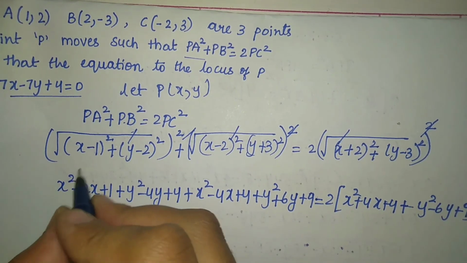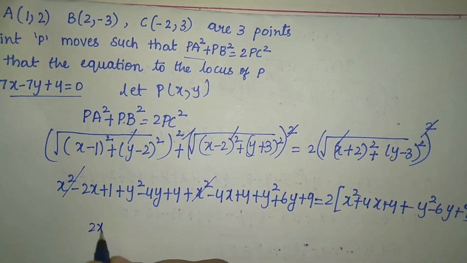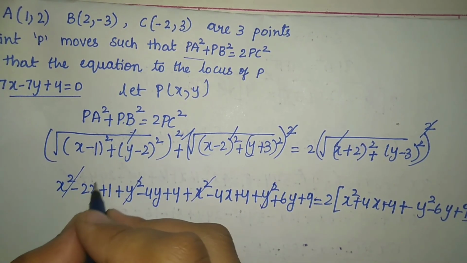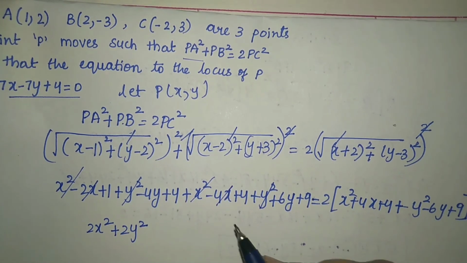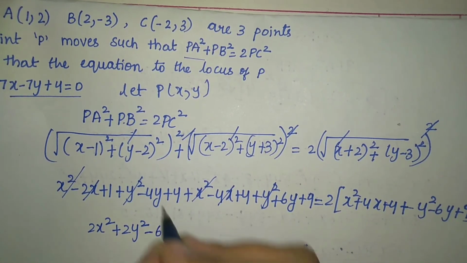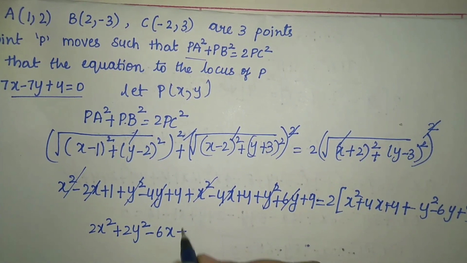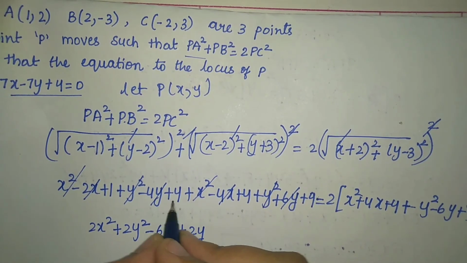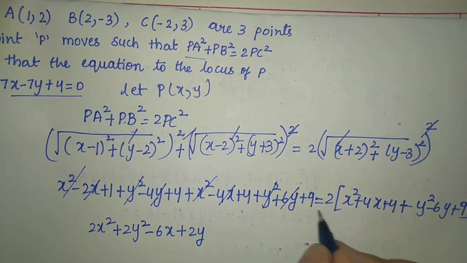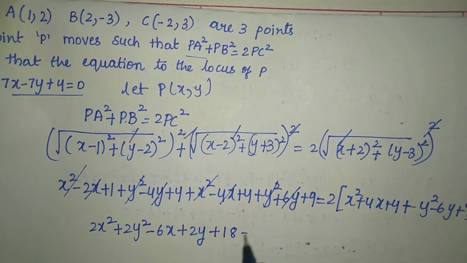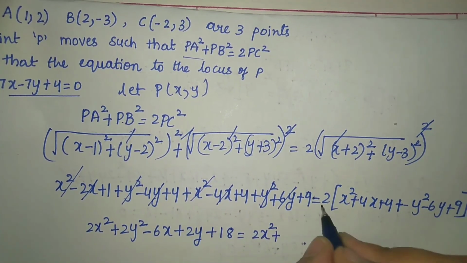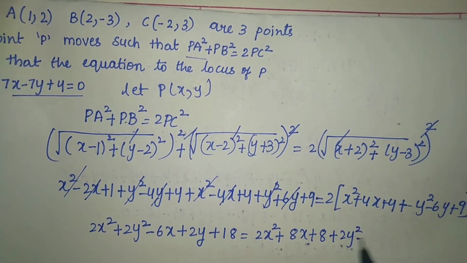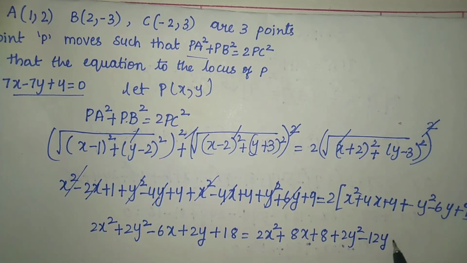So x square 2x square, y square 2y square, minus 2x minus 4x minus 6x, minus 4y plus 6y plus 2y. We have 4 plus 1 is 5, 5 plus 4 is 9, 9 plus 9 is 18, is equal to 2x square plus 2 4s are 8x plus 8 plus 2y square minus 12y plus 18.